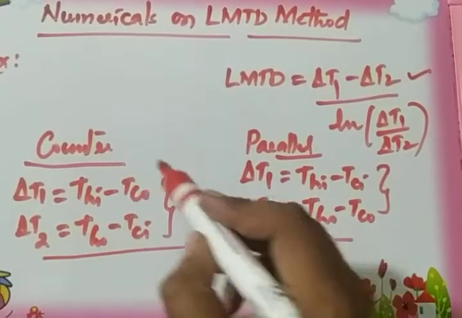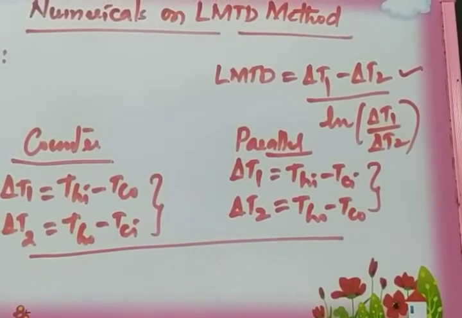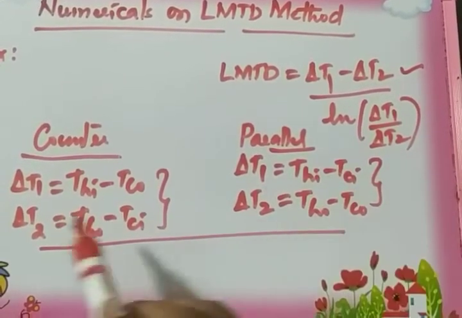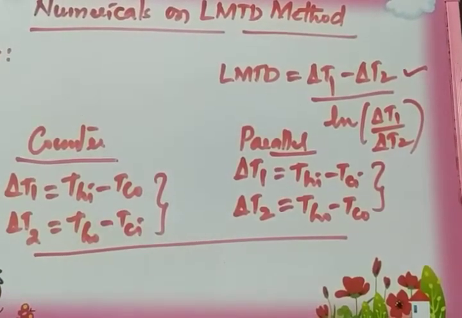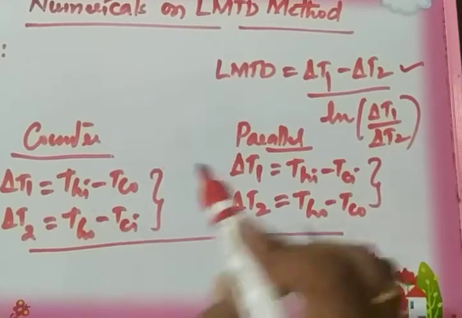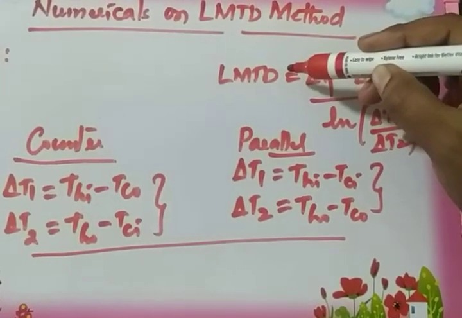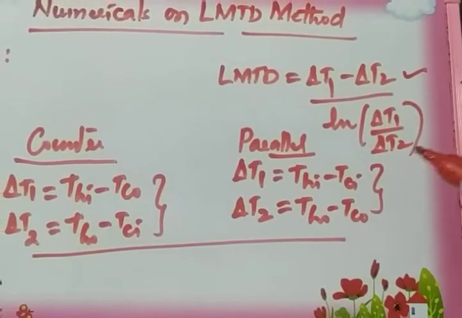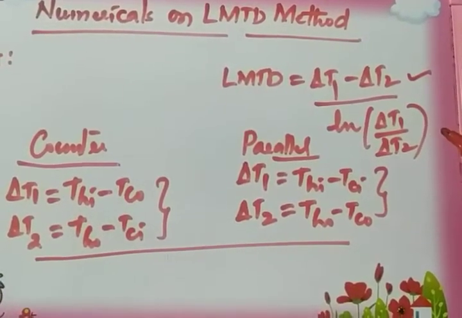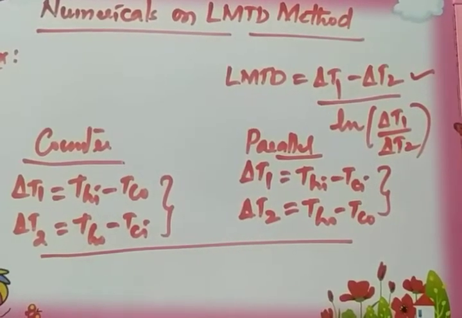For counter flow, the expressions are given like this, and for parallel flow, the expressions are given like this. Note that there is a change in the expressions for delta T1 and delta T2. Because of this change, the LMTD for the counter flow heat exchanger will be more than that of the parallel flow heat exchanger. This was the conclusion that we arrived at in the previous session.